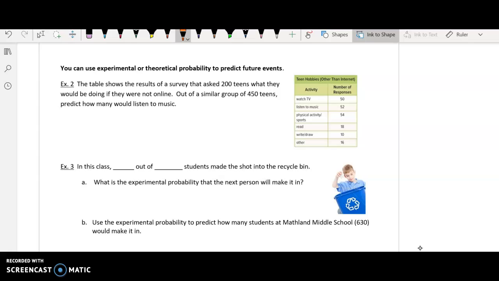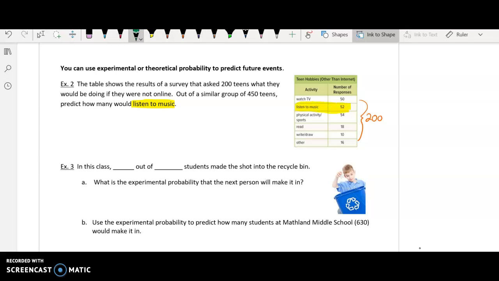Out of a similar group of 450 teens, predict how many would listen to music. So let's look. So we're told that the total is 200. So 200 teens were surveyed, and we're looking at listening to music. So let's look. Listen to music was 52.